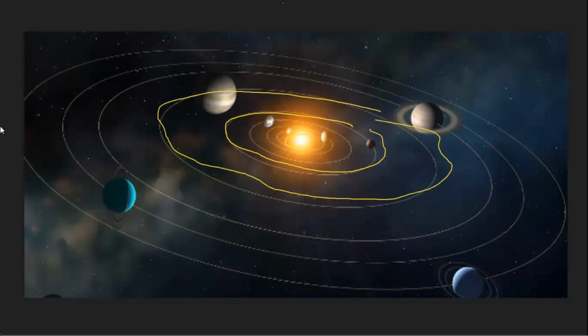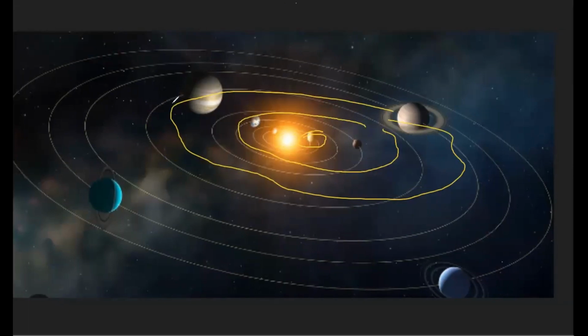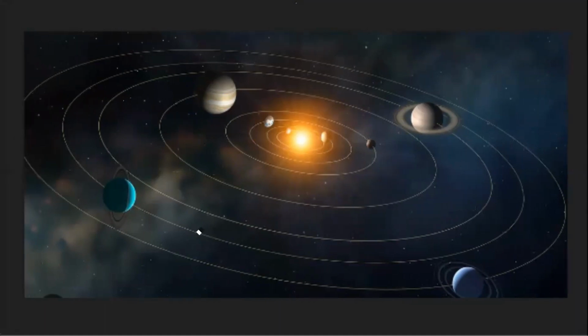Similarly, an atom has shells, imaginary circular paths around the nucleus. On these shells, there are planets revolving. So inside the atom, on the shells, the electrons are revolving. So to some extent, we can say that the structure of an atom is similar to the structure of our solar system.